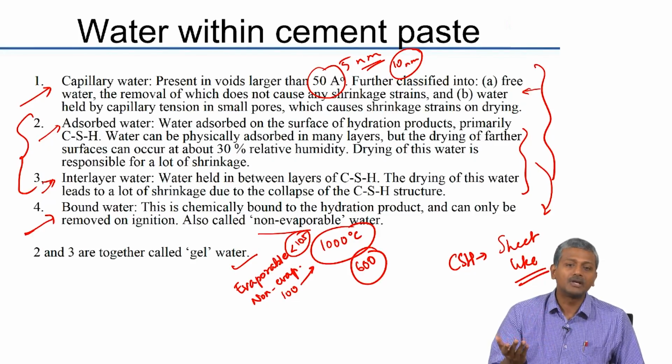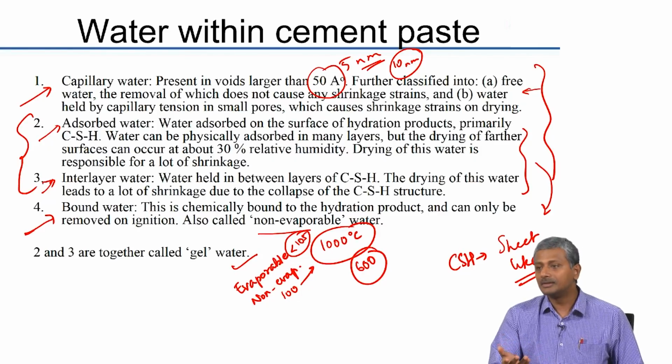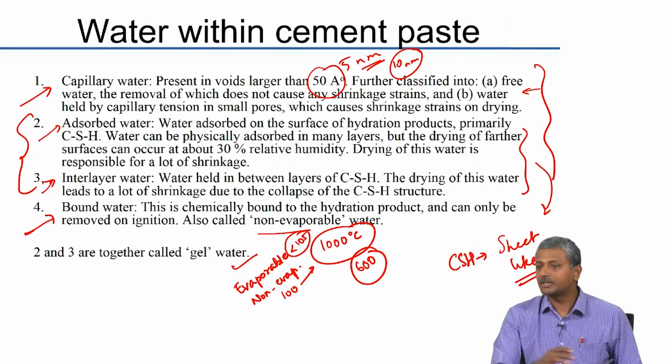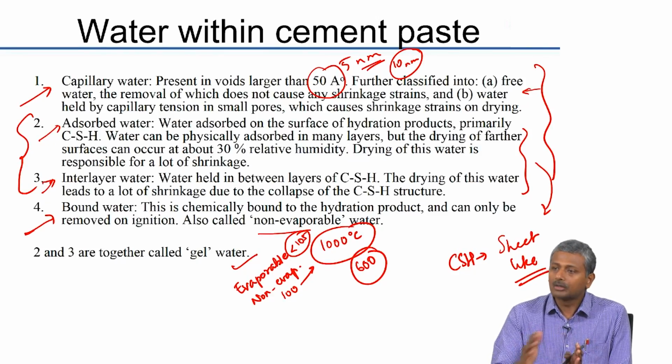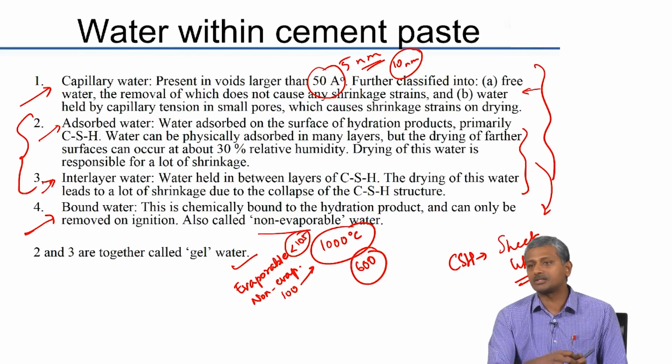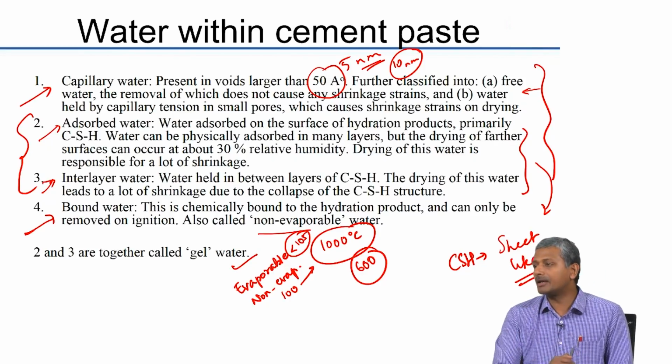Most of your ettringite will deteriorate or disintegrate. Monosulphate, on the other hand, there are some compounds within monosulphate that can last for much longer, but generally you see that by about 5 to 600 degrees Celsius all the waters, bound water which is held within the structure of the hydration products, will go away at about 600 degrees Celsius.